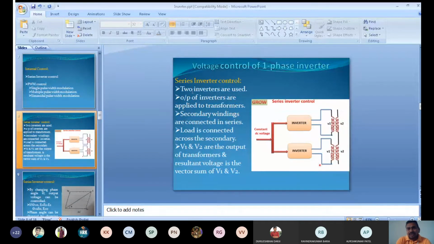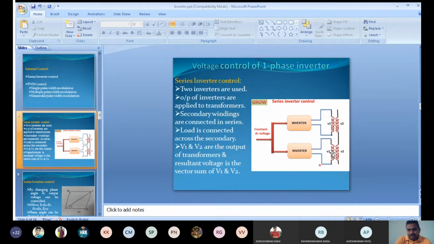Now what happens in this series inverter control: two inverters are used. Here are inverter 1 and inverter 2, and DC voltage is given to these inverters. The outputs of the inverters are applied to the transformers, transformer T1 and transformer T2.